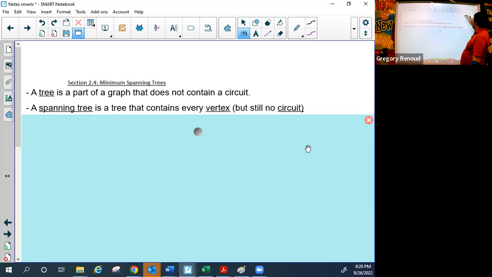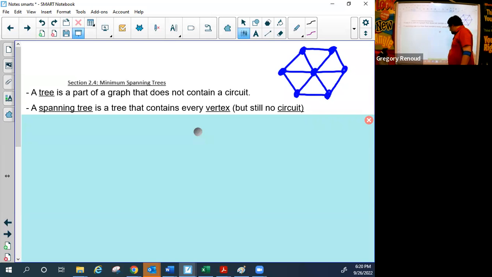So for example, if I gave you this figure, and I said these are our vertices, a tree would look something like this. We've connected edges, there's no break, but it doesn't form a circuit.